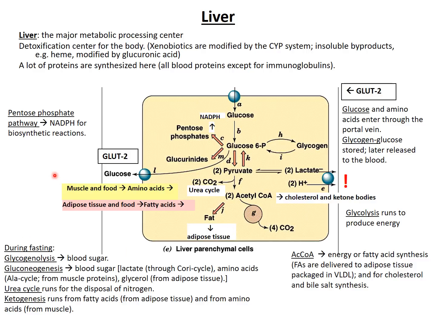During fasting, muscle releases amino acids, adipose tissue will release fatty acids. Both of them are coming to the liver. Fatty acids aid for energy production, and amino acids aid for gluconeogenesis. Please remember, again, it's just a reminder, urea cycle must run when amino acids are entering and used for gluconeogenesis, because we need to eliminate the amino group and ammonia.